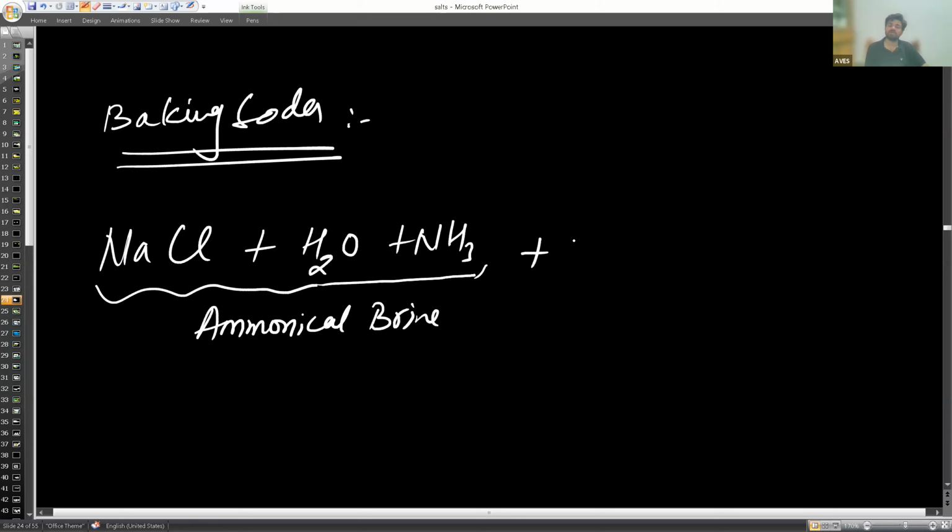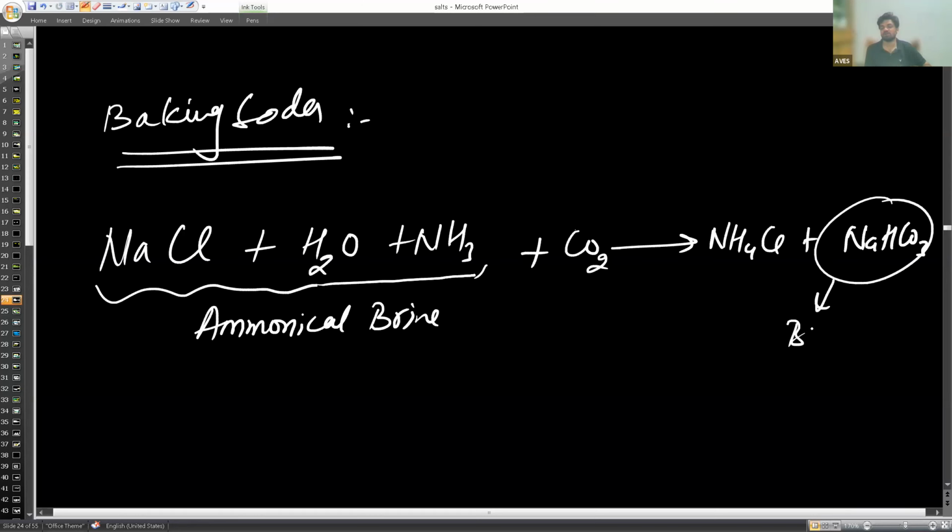On passing carbon dioxide to it, it will give you ammonium chloride plus sodium hydrogen carbonate. This is called baking soda.